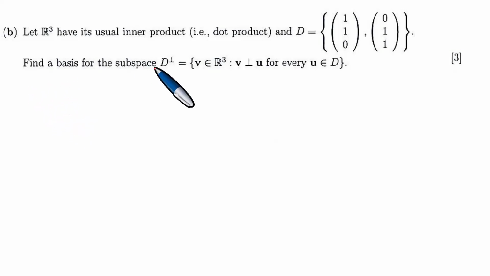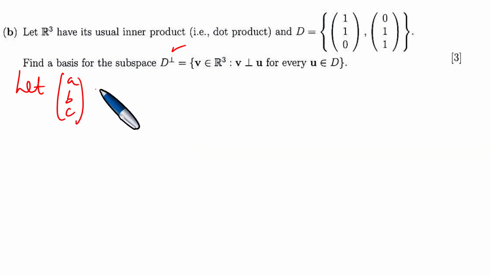Now, to find a basis for D-perp, because D we already know, but we don't know D-perp, what we do is the following. We consider some vector, and we can give it a name, A, B, C, and let this vector be an element of D-perp, like this.